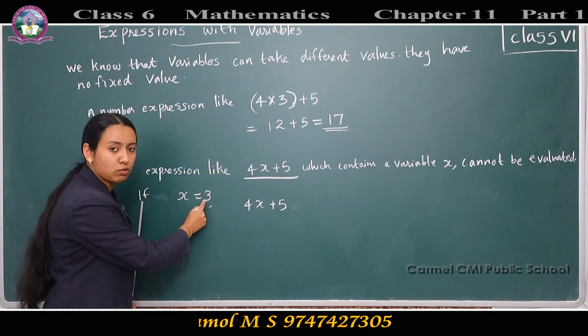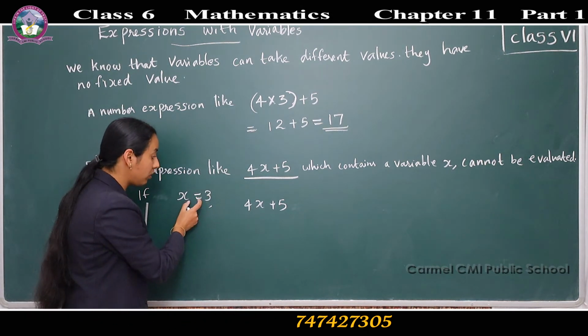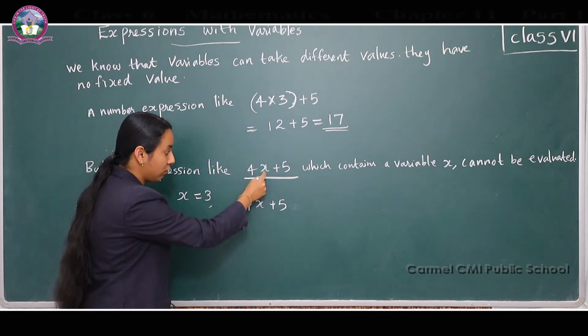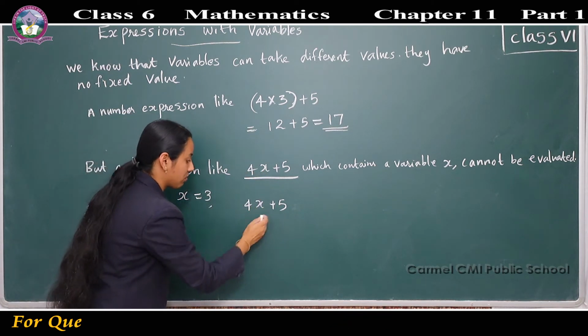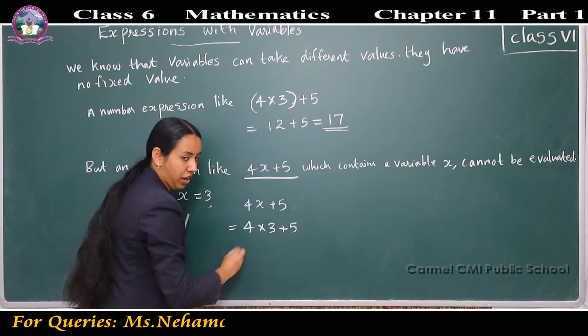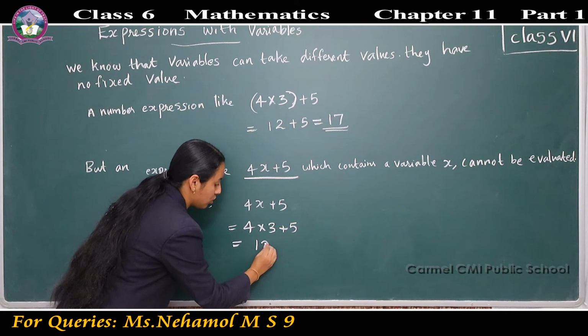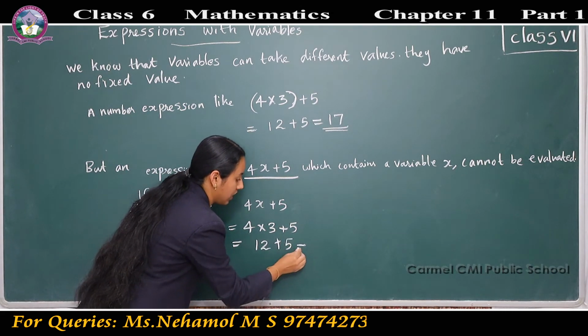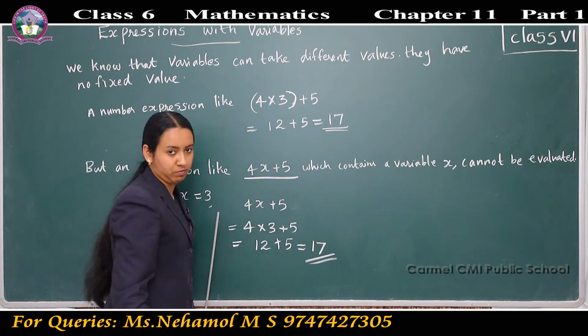Given x is equal to 3, we put 3 instead of x. So, 4x plus 5 becomes 4 into 3 plus 5. Then 4 3s are 12 plus 5 is equal to 17.